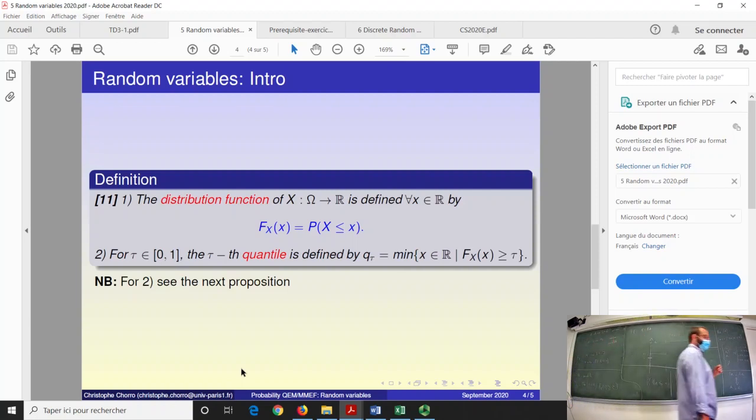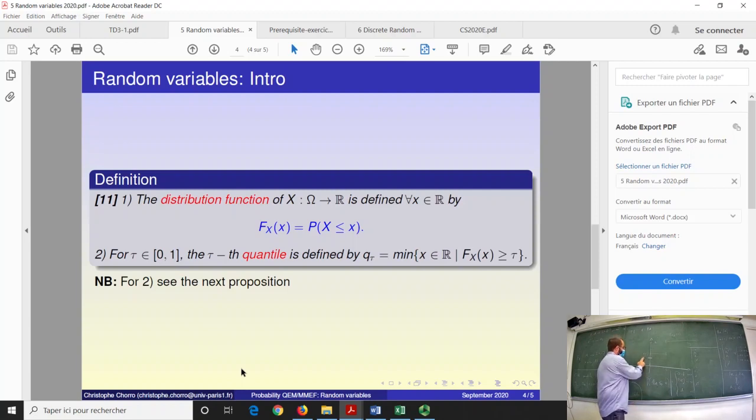What is the tau quantile here in my case of the indicator function? The minimum of the x such that the distribution function is greater than tau. I take my x, here I am not greater than tau, and here I jump and I am greater. So the tau quantile in this case is equal to 0.